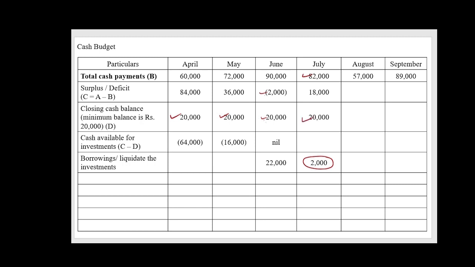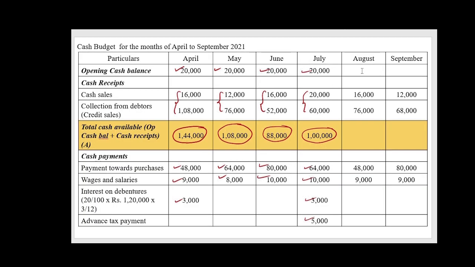So this 20,000 rupees closing balance of July will be the opening cash balance for the month of August. For the month of August, the opening cash balance is 20,000. Add these two, 16,000 plus 76,000. So what is the total cash available in its hand? 1,12,000. Out of which it has to make payments to the extent of 48,000 and 9,000.